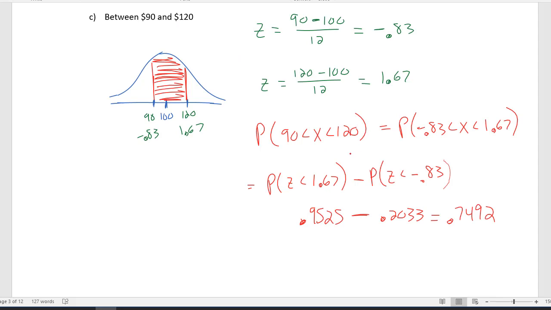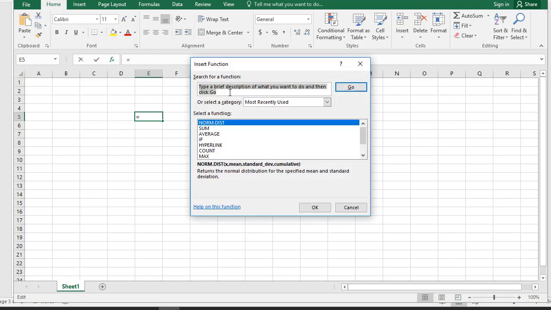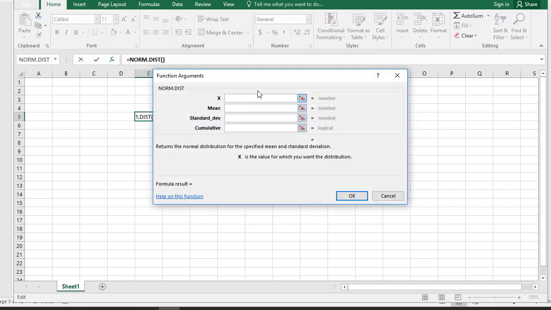Now with a tool like Excel, it's not as user-friendly. I really need to find the difference between these two. Now I'm going to go ahead and use 90 and 120 in my Excel sheet, just like we did last time. So I'm going to hit the function. I'm going to do the normal dist. Right? This was specified mean and standard deviation, so let me double click. So my X value was 120 was the largest. The mean was 100.